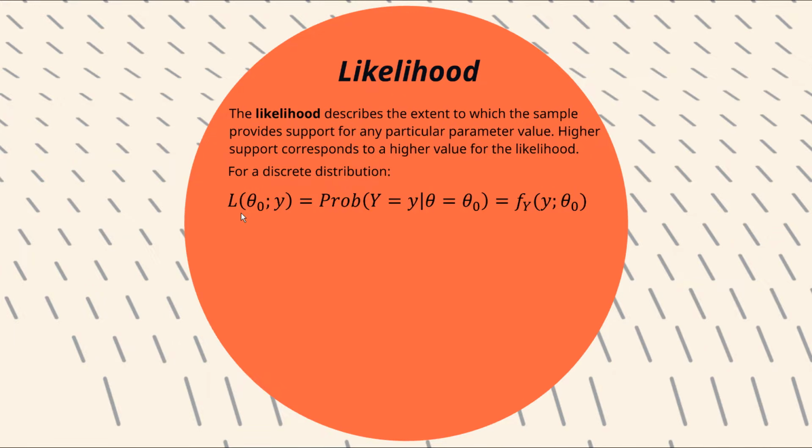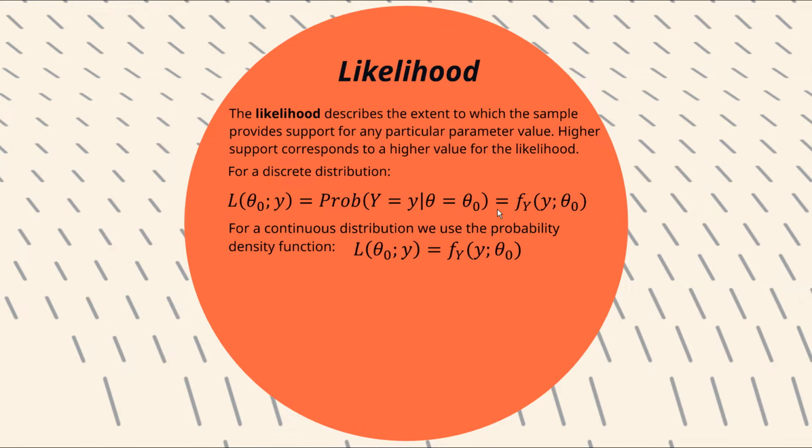And this is exactly that flip in logic that we saw in the earlier example. The likelihood of a particular theta for a given y is equal to the probability of a particular y for a given value of theta. That's the flip. And more generally, we use this f subscript y to mean the probability density function of y, or the PDF, which applies to both discrete and continuous distributions.